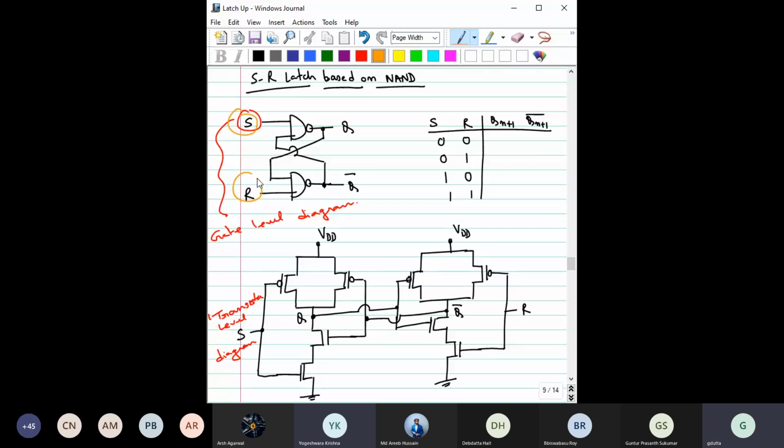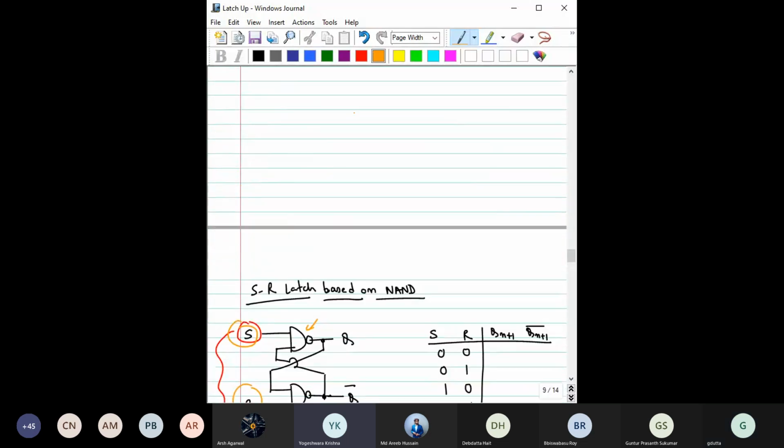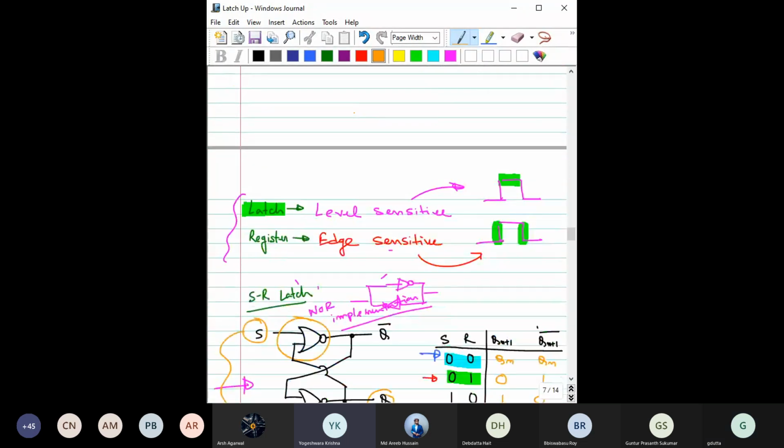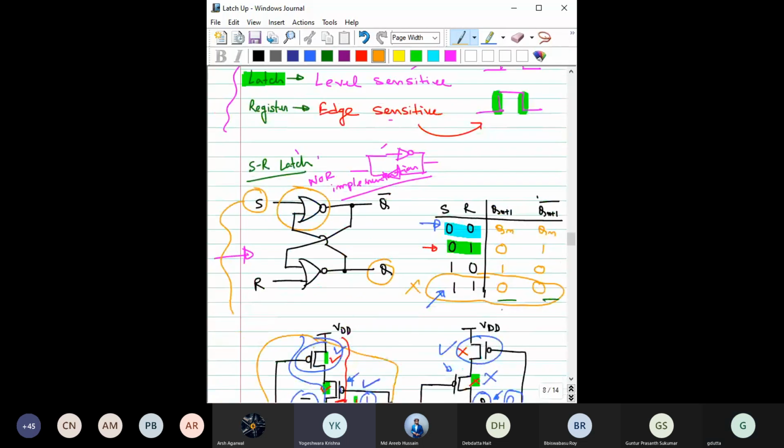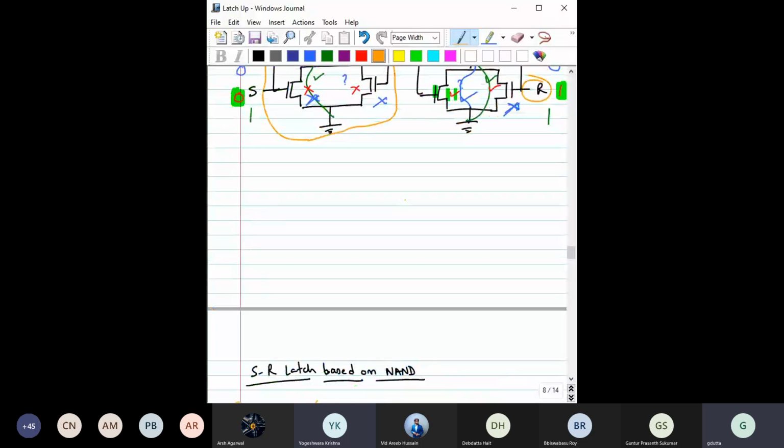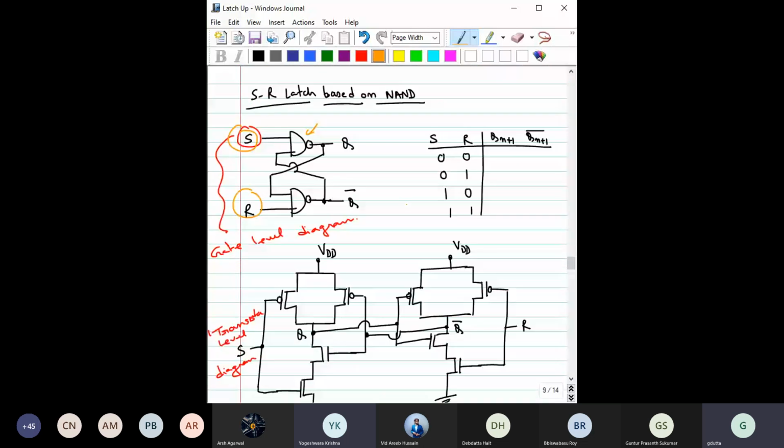Okay. So here when you have S and R and you are using NAND gates, earlier with S you were getting Q bar. I hope you know that, right? But for this NAND implementation, this would be Q and this would be Q bar, right? So similarly, can you not fill this truth table?